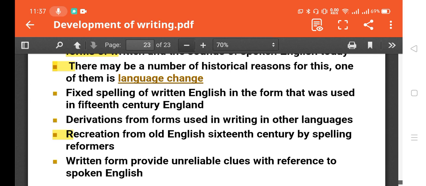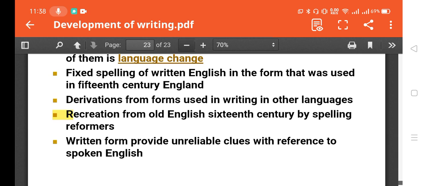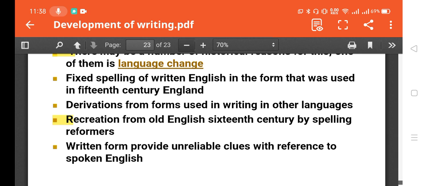And modern English is the simplified version of English that we use today, with the fixed spelling of written English in the form that was used in 15th century England, derivations from forms used in writing in other languages, and recreation from Old English in the 16th century by spelling reformers.